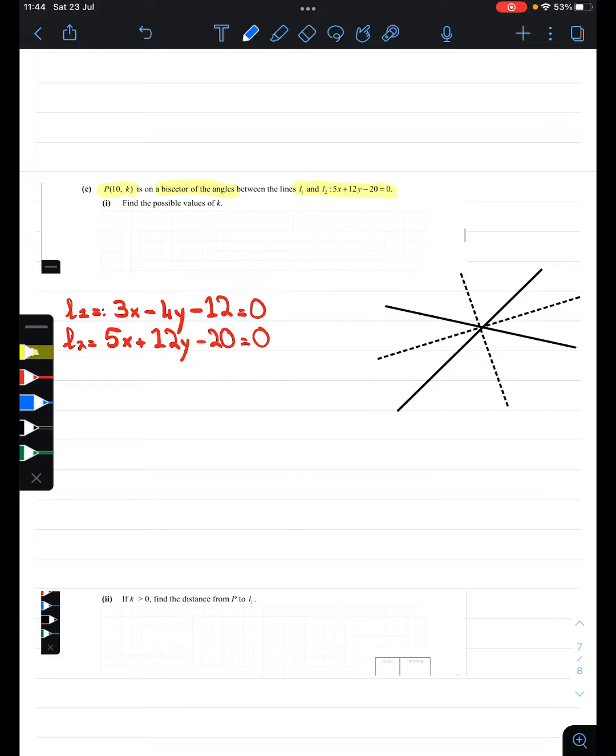Well, let's say P is somewhere like here. Well, we know that the distance from P to L1, and the distance to L2, we know that these are similar because it's on the bisector.